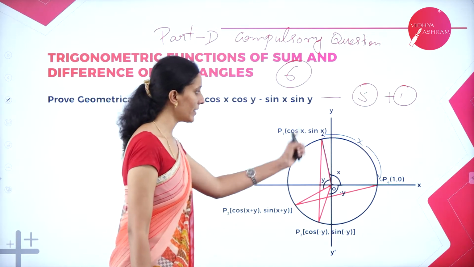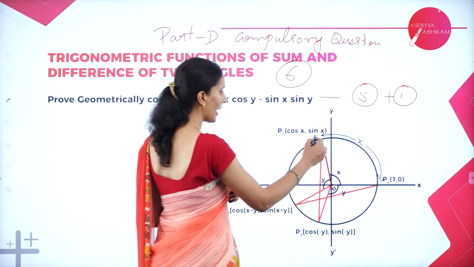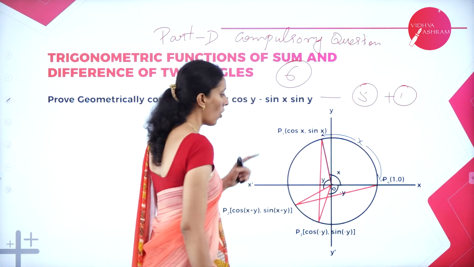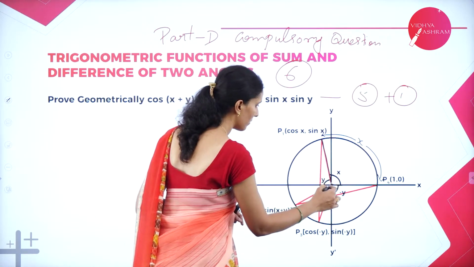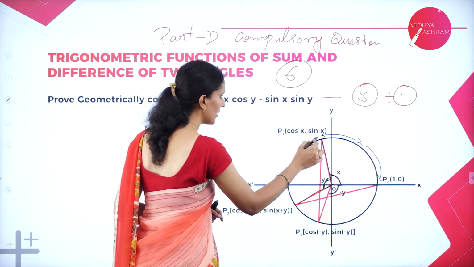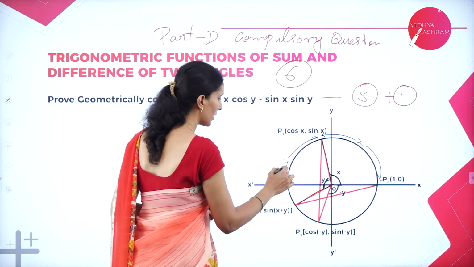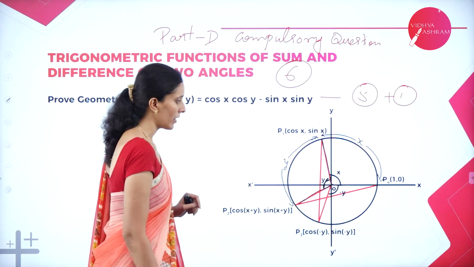So, x radian means it should have an arc length of x. Therefore, I am taking an angle x here. Also, let me take one more angle, that is angle y here. This is your angle y. And the distance from here to here is nothing but y, because for y radian, the arc length is y.